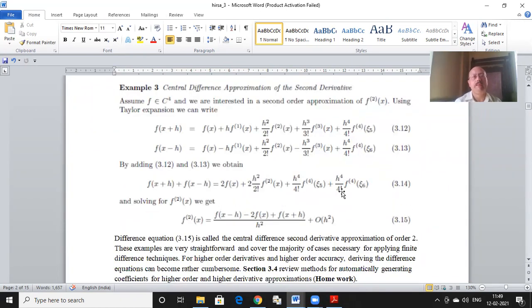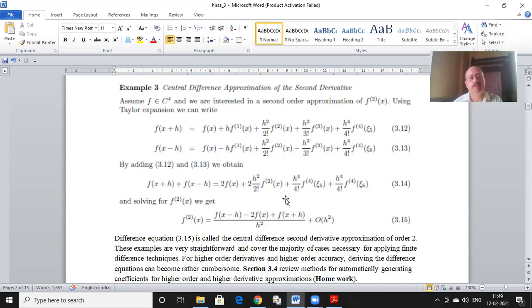Continuing the same logic, I can use the central difference approximation again for the second derivative. So certainly I will need more smoothness. If f is in C4 and I want to estimate f2x, I will now use the expansion up to the third term. I have to take the third derivative term also in both of these equations. So my error is starting from the fourth, h to the power 4.